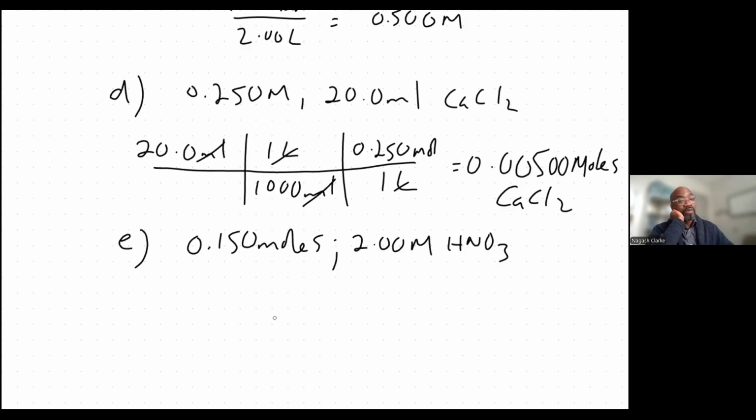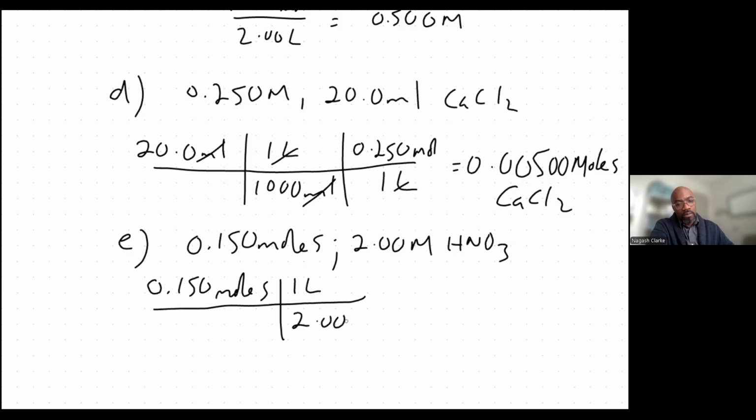The only time we need the molar mass is when we're going to grams, or going from grams to moles. I take my 0.150 moles and set up my conversion. Since I want the volume, I put liters on top, moles on the bottom.